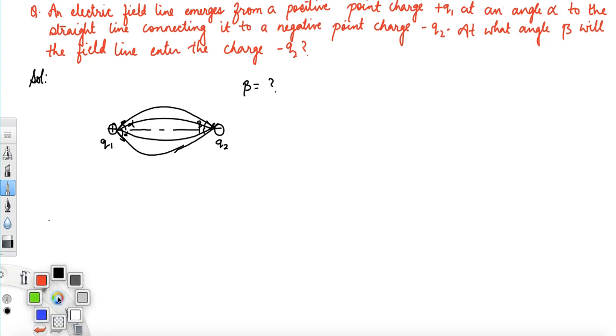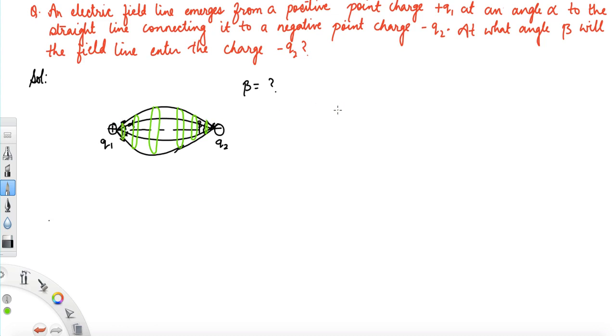So this is our situation, and if we take any cross section here, the electric flux through any cross section is going to remain the same, because the number of electric field lines through all these cross sections will be the same, right?